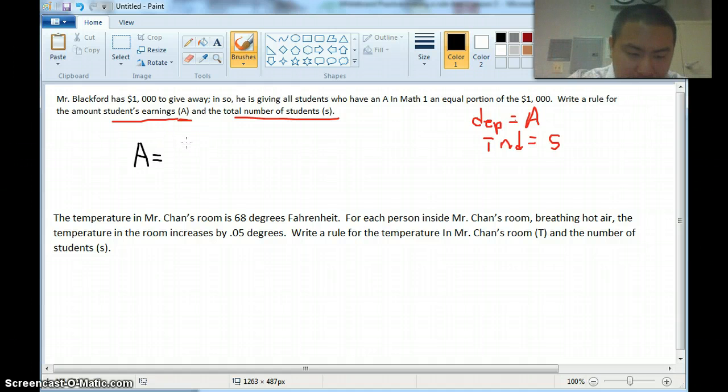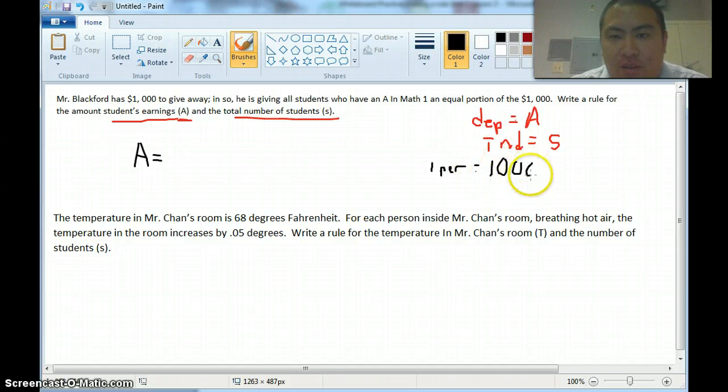He's giving all students in Math 1 an equal portion of the $1,000. So in other words, if there's one person, that would be $1,000, right? Okay. Two people would be $500.